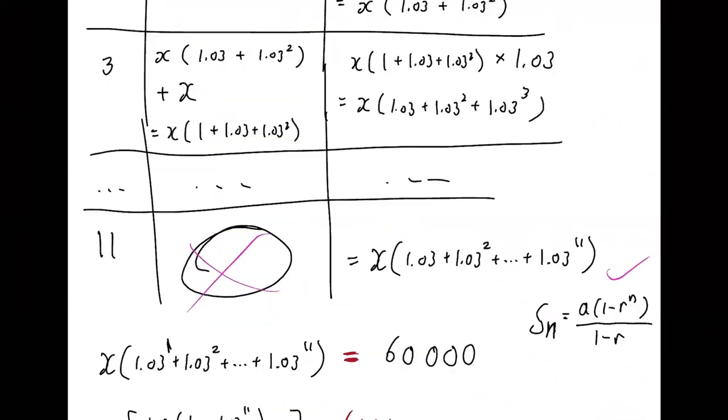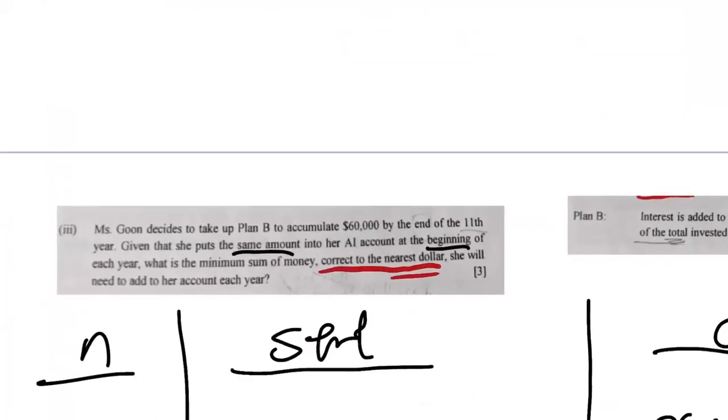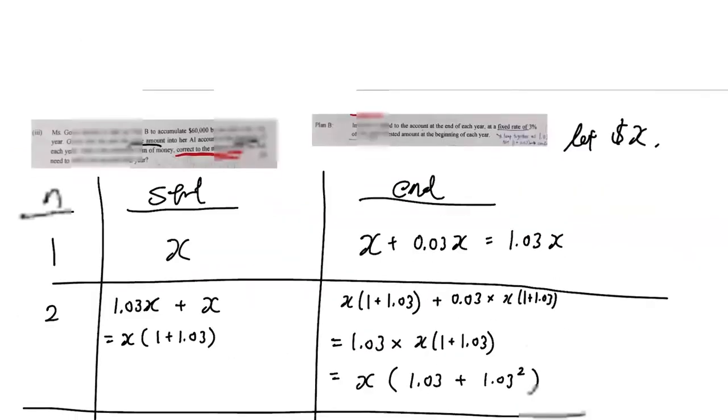Did they mention that? Correct to the nearest dollar. Okay. So you cannot round down. If you round down, you will hit like $59,000. You won't hit the 60,000. Cannot go below.